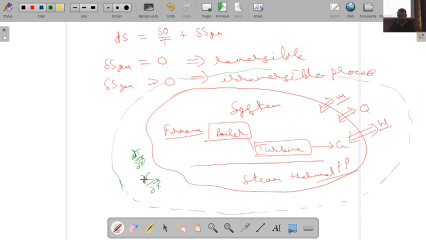If gradients of different properties are present, then it means in this region also there will be the effect of the system. There will be reactions, there will be heat transfer, there will be different temperature. However, in the region outside this green boundary, all the gradients have vanished and everywhere we have the same temperature. So here also T, here also T, here also T, and this is nothing but equal to the ambient condition T naught.